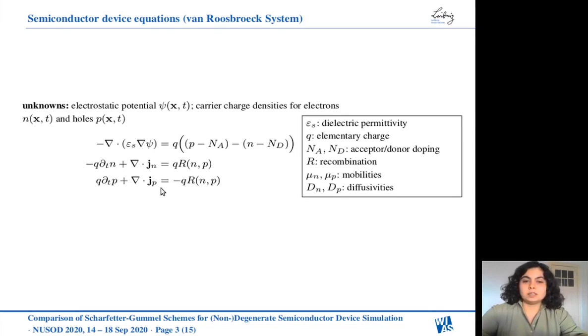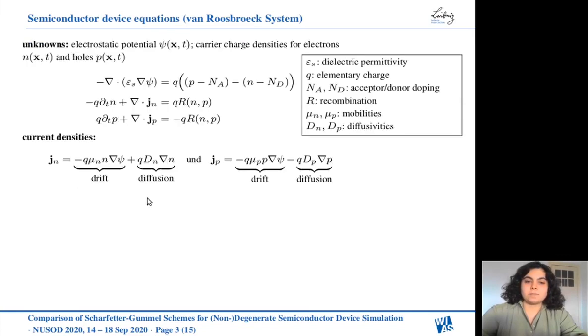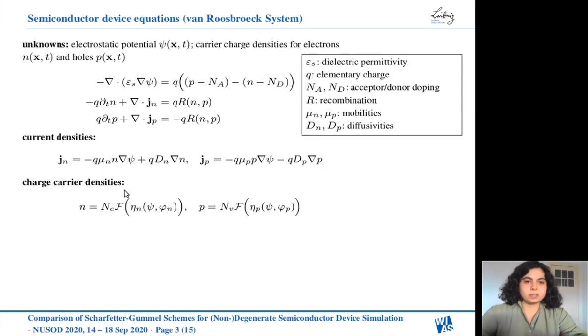The current densities here are given by a composite of the drift of charged species caused by an electric field and the diffusion of free electrons and holes. The carrier densities are defined with a function F, which is called statistics or distribution, and the argument of this function depends on the electric and the quasi-Fermi potential.